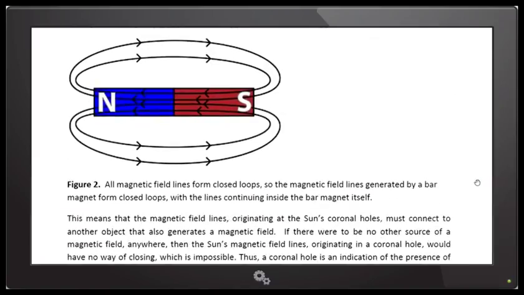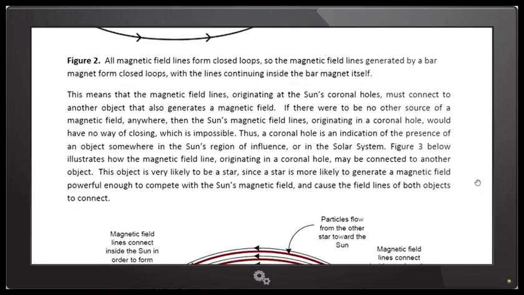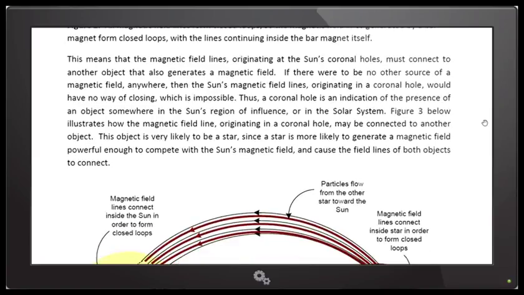Now, ladies and gentlemen, what we're getting at here in this information, and I know some of this may be confusing to all of you, is we're trying to make a connection between what is occurring on the sun and what is creating all of these coronal holes. When these coronal holes are opening up on the sun, it is creating the solar winds.